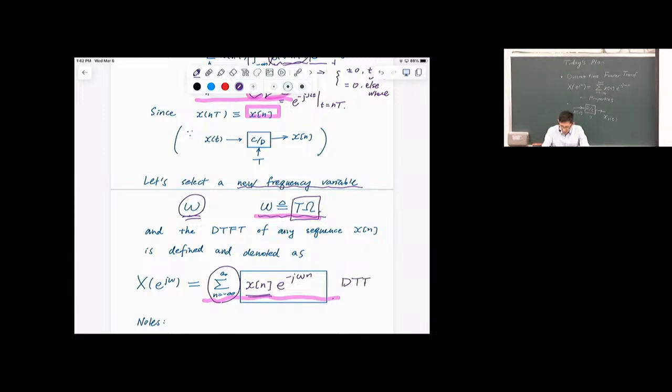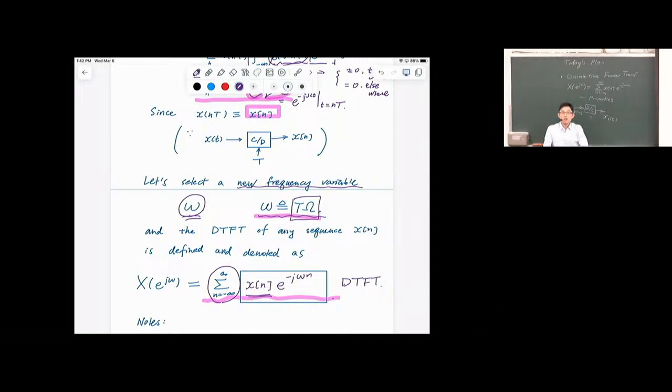This is our definition of DTFT, which really has a motivation from the good old Fourier transform, but it can be applied to discrete time signals. So that's the motivation.